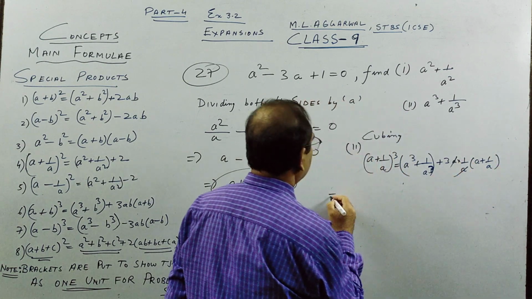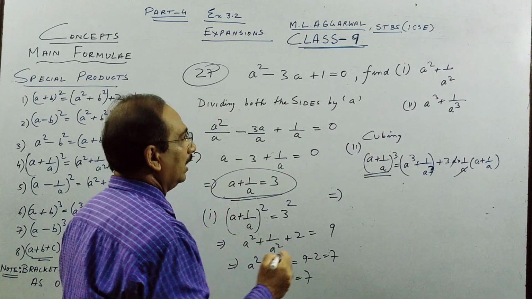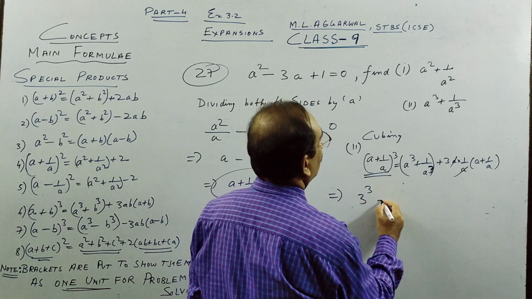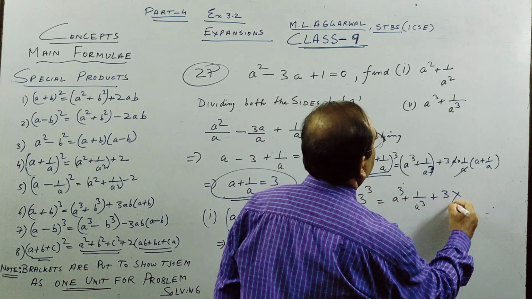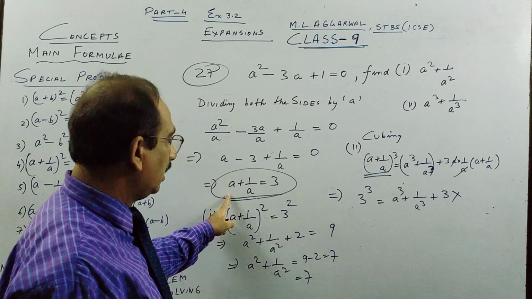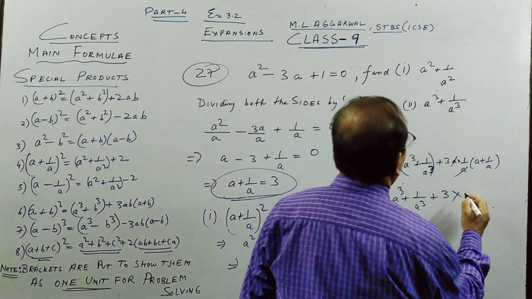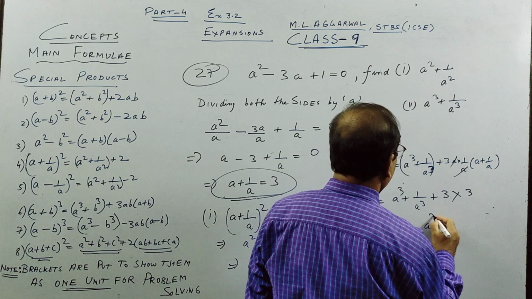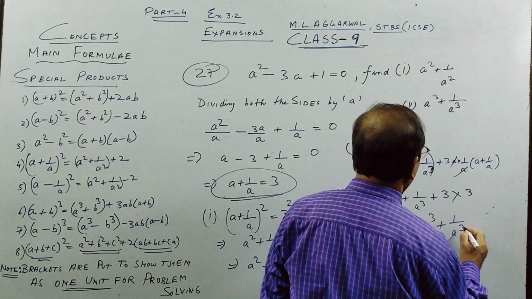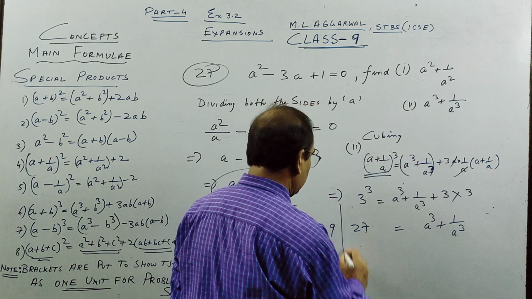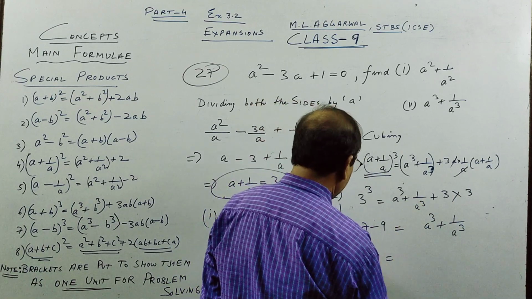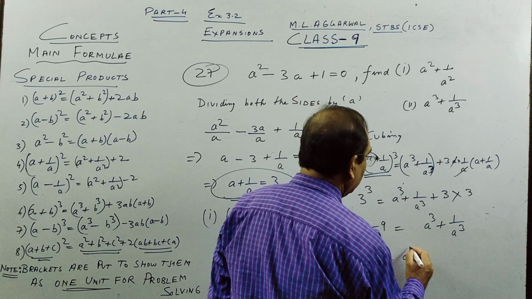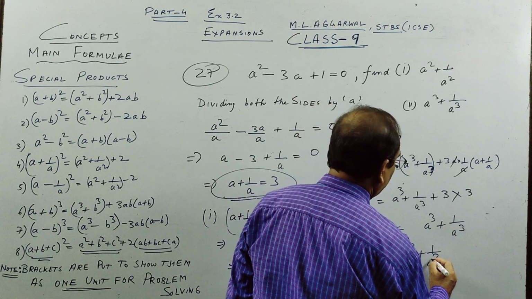So this cancel, children, this we have as 3 cube is equal to a cube plus 1 by a cube, and this is also again if you see a plus 1 by a is 3. So we get a cube plus 1 by a cube. So here 27 is there, 9 comes from that side. So we get 18 as a cube plus 1 by a cube.